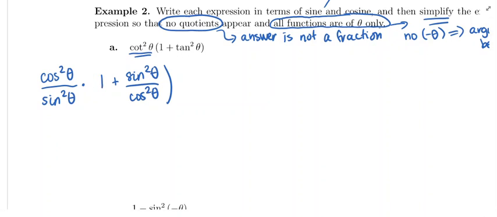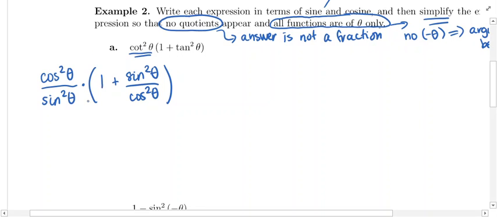All right, so we've done the first thing. We've changed everything over to sines and cosines, and now we've got to simplify. We don't want to see any fractions. All the functions are of theta only. We don't have any negative thetas floating around, so that's great.